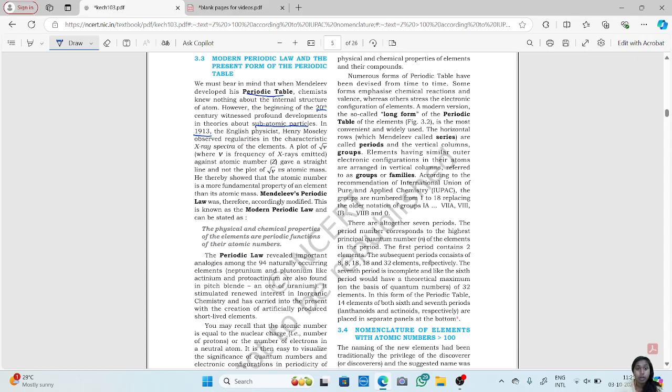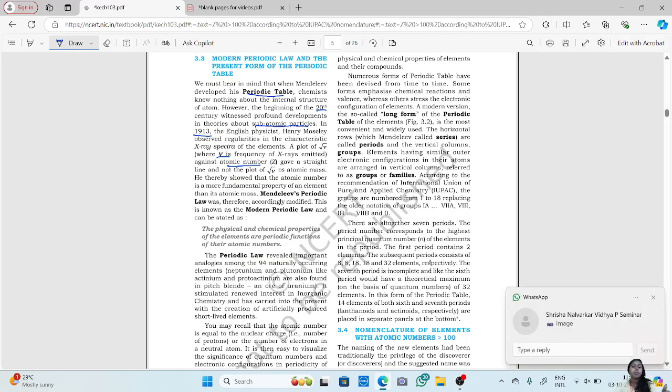A plot of the square root of the frequency of X-rays emitted against the atomic number, Z, gave a straight line, and not the plot against atomic mass.